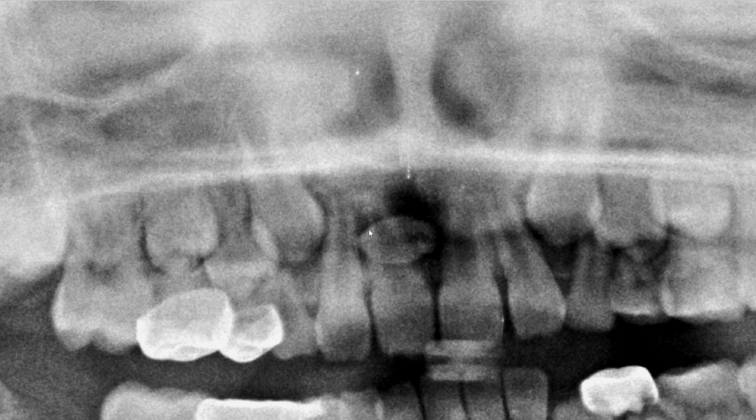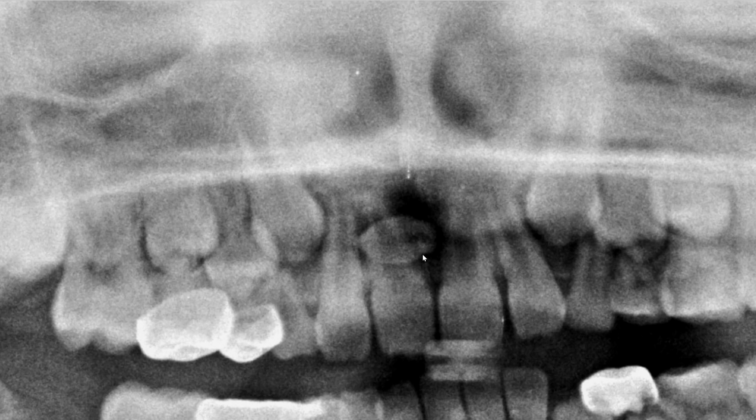Again, based on what I can tell, it's primarily over the roots of number 8, and it appears relatively horizontally positioned in this radiograph, right? Besides that, we have some radiolucent component which may or may not be part of this, and we may be seeing the pulpal canal or pulpal chamber of number 8. So there's not a lot of detail that we can get out of this image.